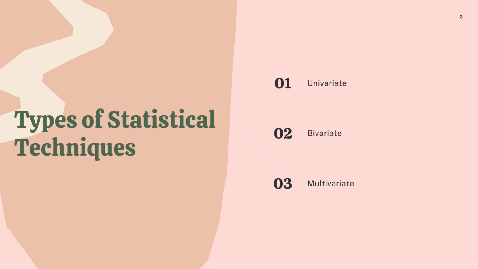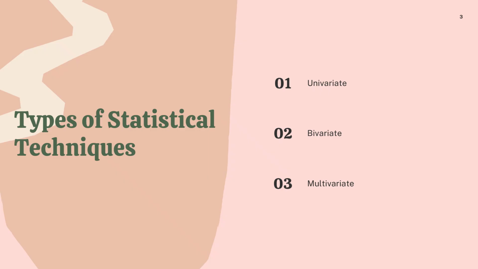Types of statistical techniques. Broadly, statistical techniques can be categorized based on how many variables they analyze at a time. The first one is univariate, where we focus on a single variable. The second one is bivariate, where we analyze two variables and try to understand the relationship between them.